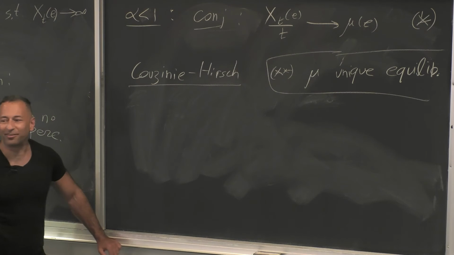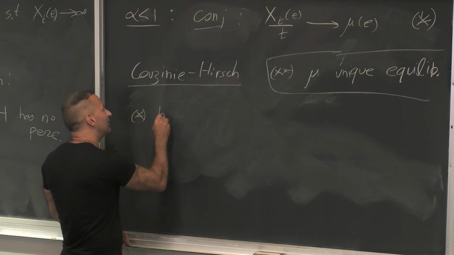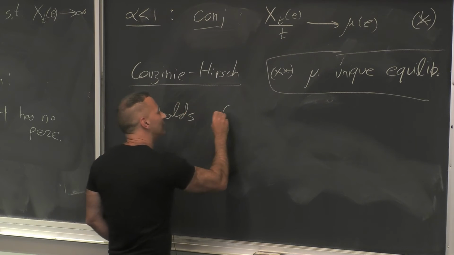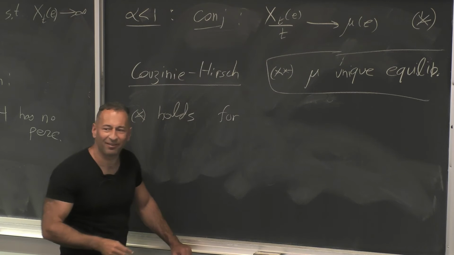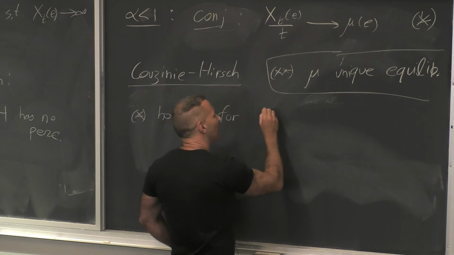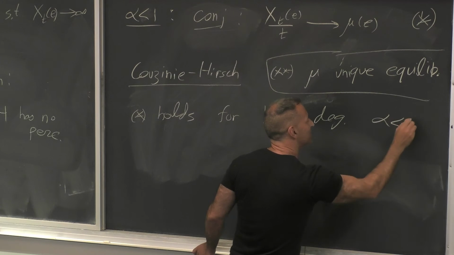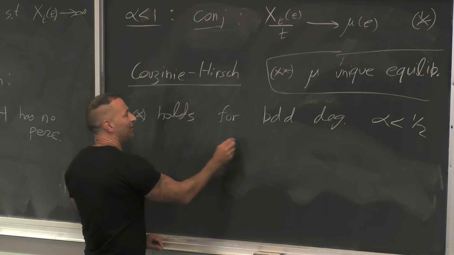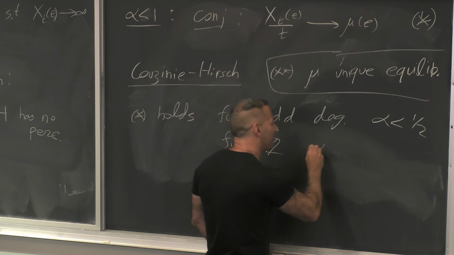They were able to prove that this holds in some cases. Well, they proved it if you have bounded degrees and alpha less than half. And also if you take the line Z for alpha less than 1.